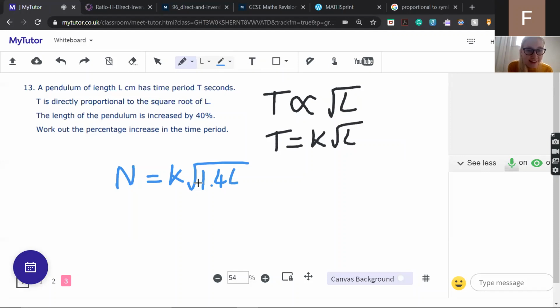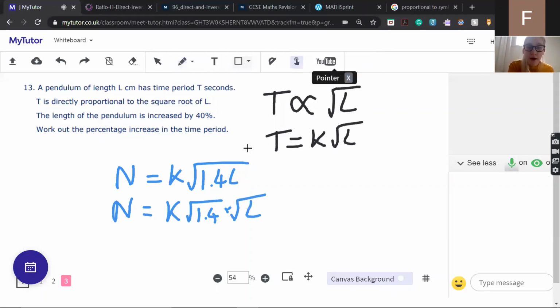And now I think we want to work this out so that this root 1.4 is on the other side. So we just have something equals root something L, I think. We're going to do it and see if it works out, basically. So we can write this as N equals K root 1.4 root L. So this is times here.